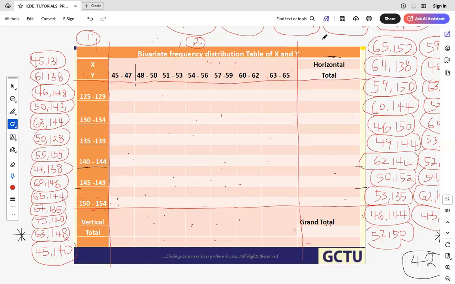Then area number 3 is this side, where I said we'll label it as the horizontal total, which I will explain in detail when we get into action. Then this other side you are seeing as deep orange is area number 4, where I said it is representing the class intervals for the second variable Y.